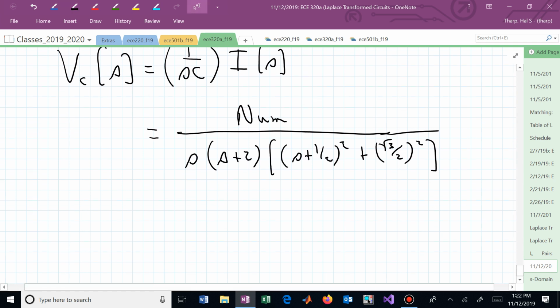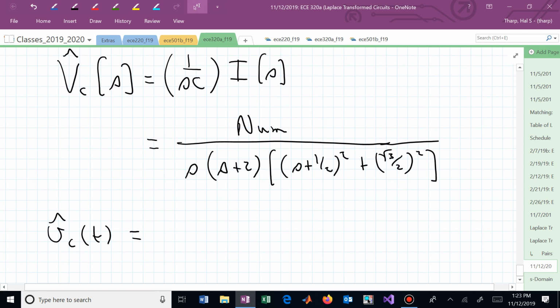If that's the case, what is V sub c hat of t? Not V sub c of t, but V sub c hat. What's the structure of V sub c hat? Or maybe that's jumping too far. What's the partial fraction expansion of that?